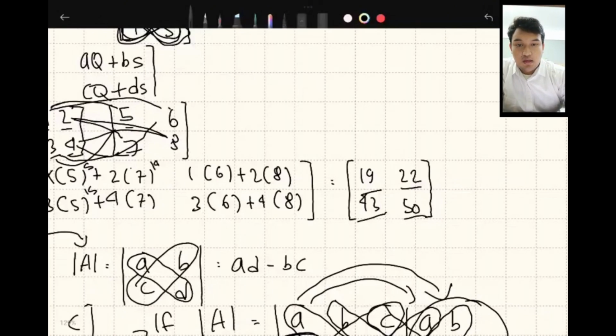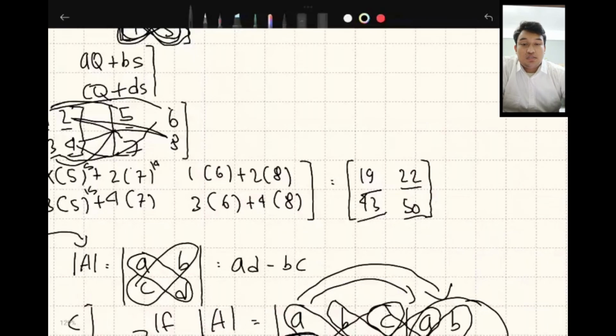After the matrix multiplication, there is also the determinant. How to calculate it is the same as before. We move the columns to the determinant form, and after that multiply and subtract.